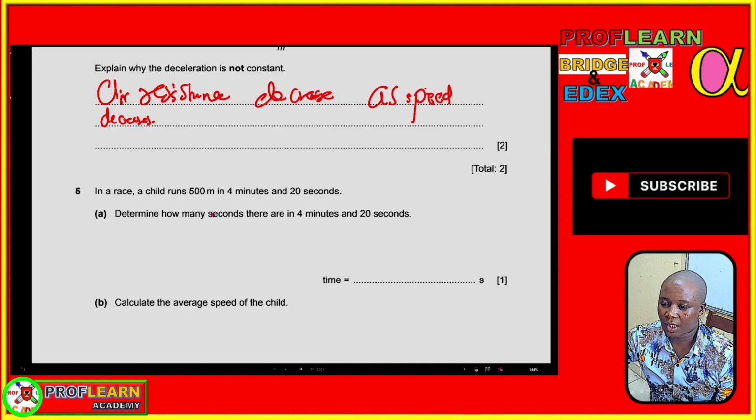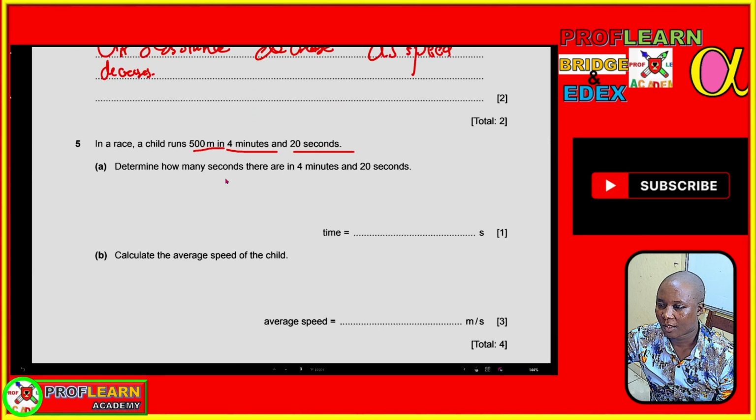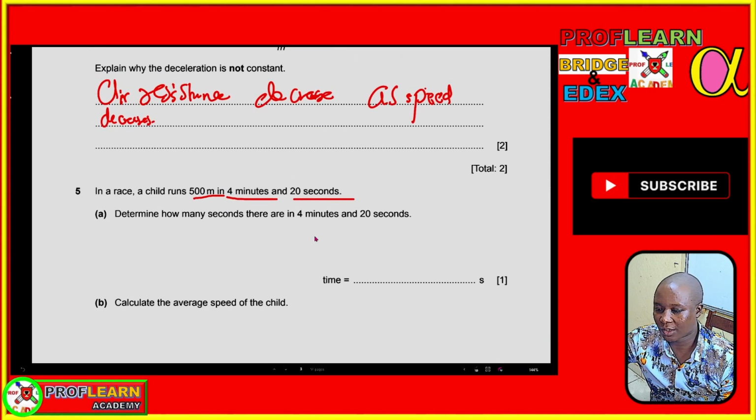In a race, a child runs 500 meters in 4 minutes and 20 seconds. Determine the time in seconds. So this is going to be 4 times 60, then plus 20.